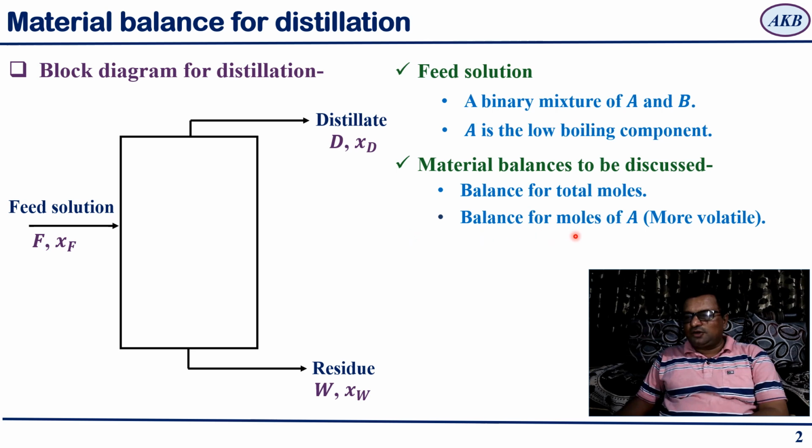So this will be the component material balance. In this discussion, our objective is to discuss the total material balance, which takes the balance for total moles, and then the material balance for the component, or the component material balance. Which component? The more volatile component. So these two balances we are going to discuss over here.